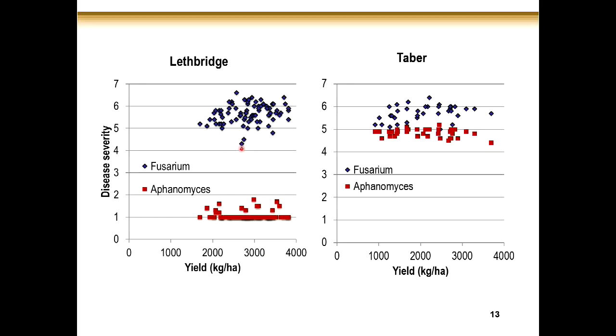You can see when we only have Fusarium, we had fairly good yields in this trial, ranging from about 2,000 up to 4,000, depending on which treatments we were looking at. But where we had Aphanomyces present, our yields are down to about 1,000 kilograms per hectare and only up to about 3,000 kilograms per hectare. So we're seeing a fairly large yield penalty from Aphanomyces that we don't often see if there's only Fusarium present.